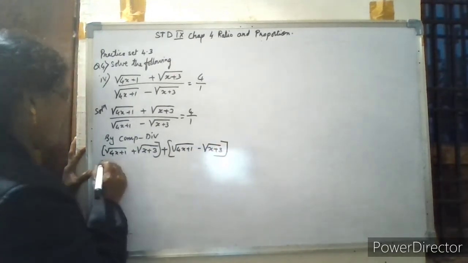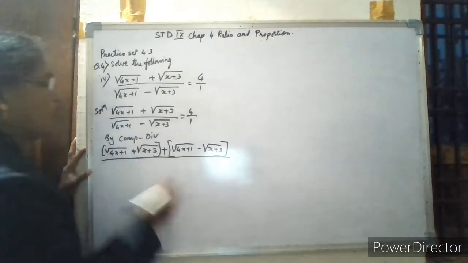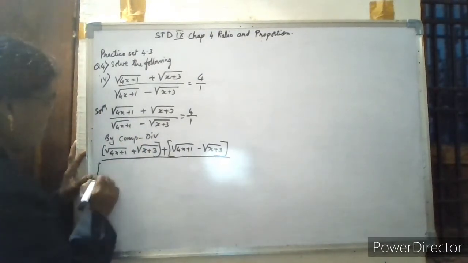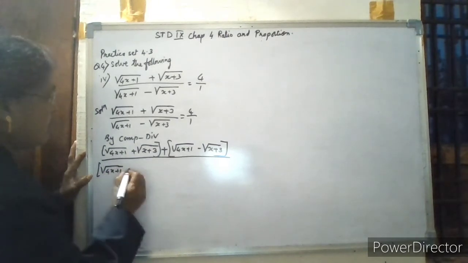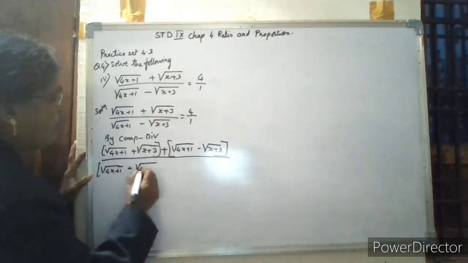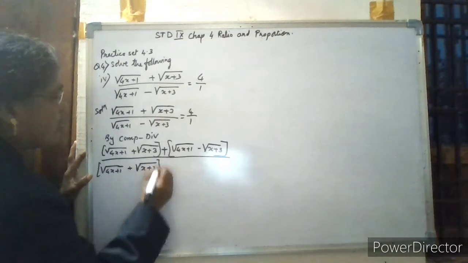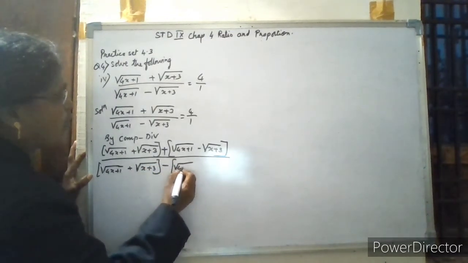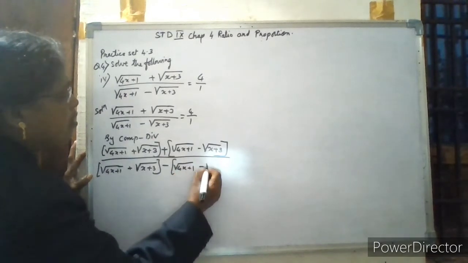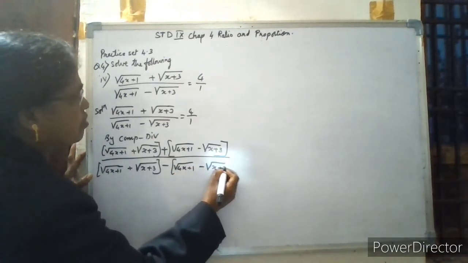The same thing we have to write with minus sign. So it is root of 4x plus 1 plus root of x plus 3, close the bracket, minus root of 4x plus 1 minus root of x plus 3, close the bracket.